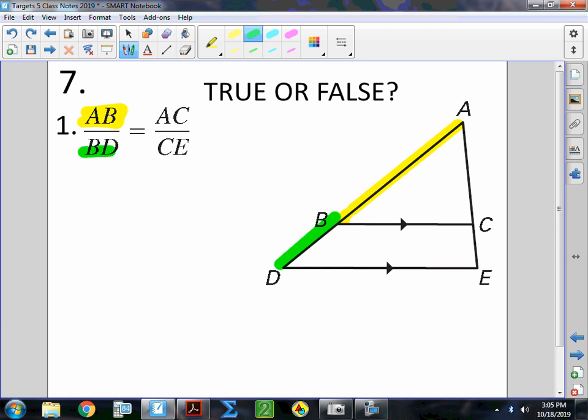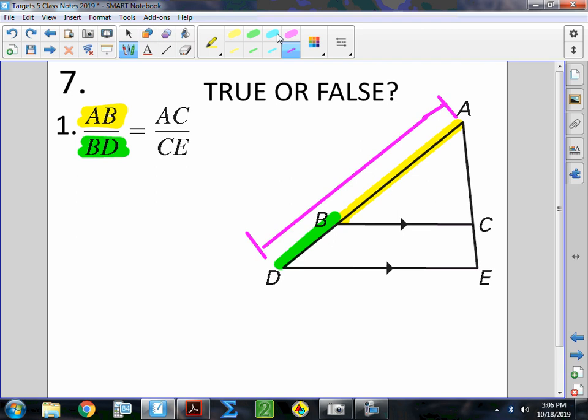And I'm using that one right now because that's the fraction they gave me. They gave me AB over BD. So they didn't give me a triangle side length over a triangle side length because the green's not a triangle side. They gave me part of a bigger segment, the bigger segment being from here to here, over the other part.